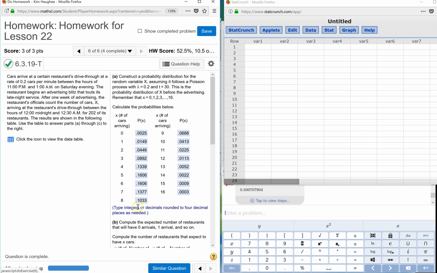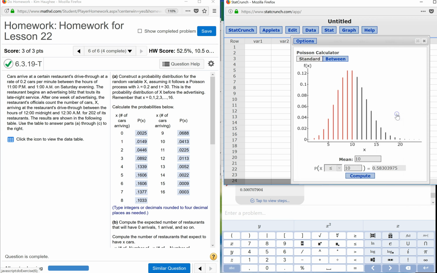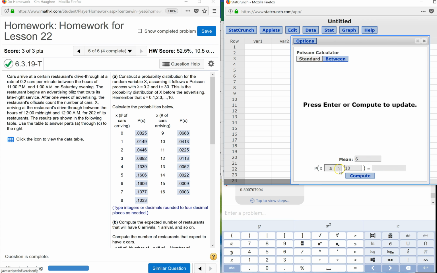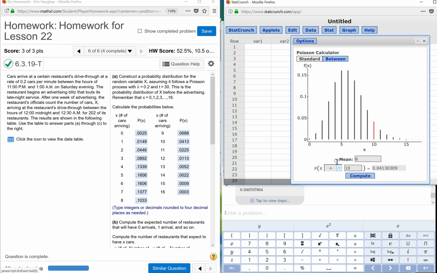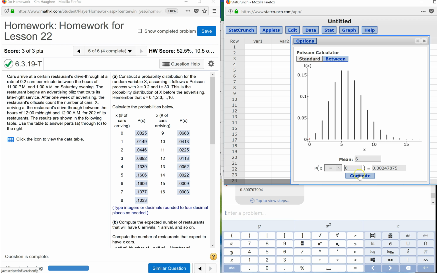All the probabilities in the table can also be found with StatCrunch instead of doing the calculations by hand. If I go to Stat, Calculators, Poisson, I can type in the mean of 6, and I can say that I want to exactly equal an x value of 0, and hit Compute.